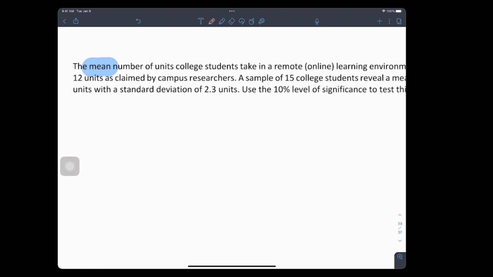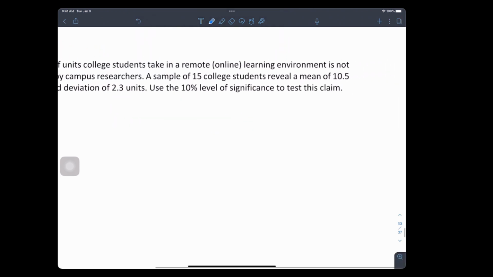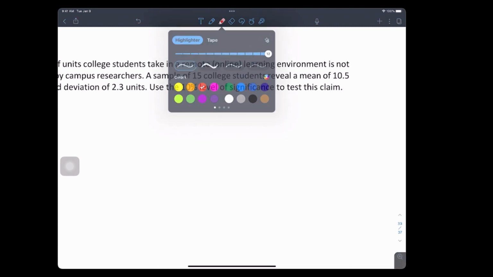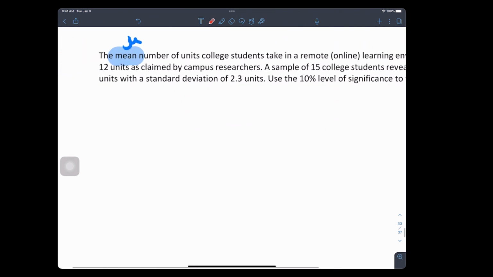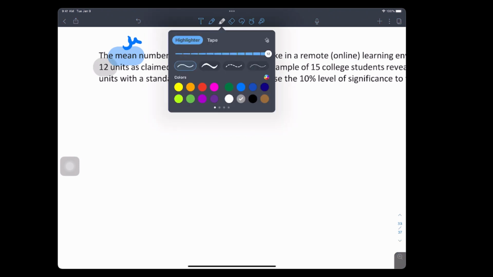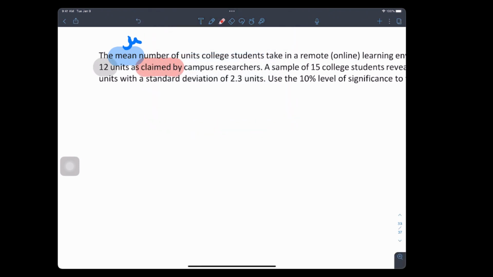The mean number of college students who take a remote class is not. What is this not? What's that inequality? It's not equal to 12, as claimed by campus researchers.